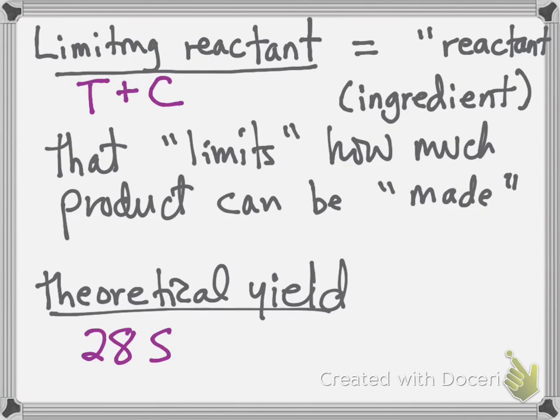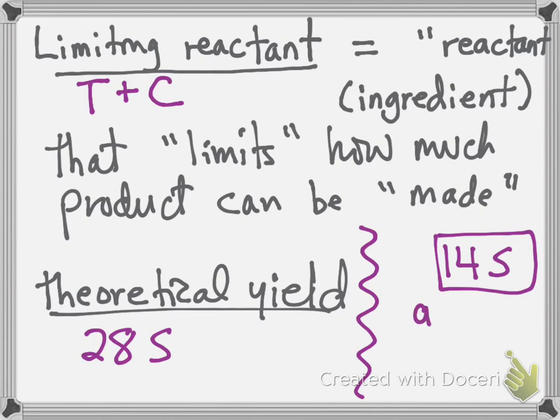Now let's imagine we have a crew making these Saudis, and our crew is just a little on the hungry side. By the time they're done munching on ingredients, they make 14 Saudis. This would be called the actual yield. Theoretical yield is how much I can make if everything is perfect. Actual yield is what I actually make.